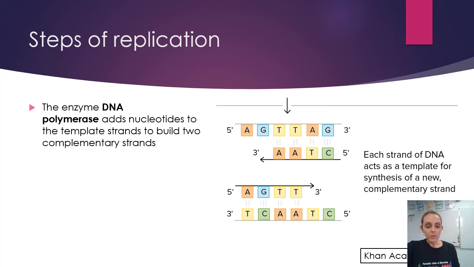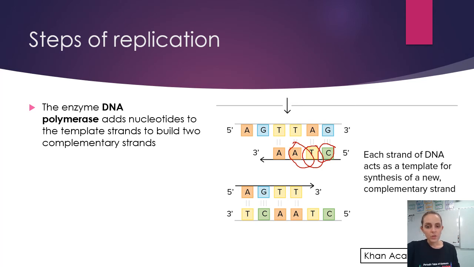So DNA polymerase moves along our template strand of DNA and it adds complementary bases to our template strand. Each of those two strands from the original double helix acts as a template, and a new strand is being synthesized as we add bases to our existing strand.